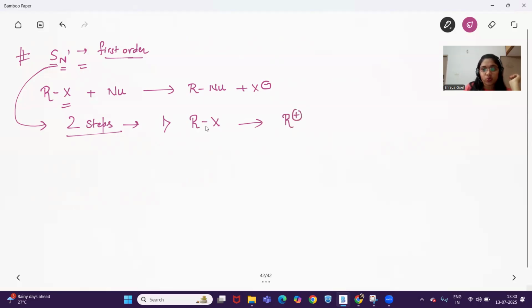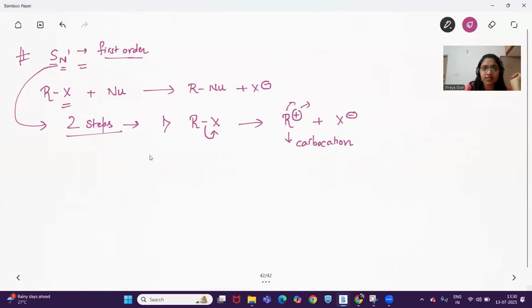X will take both electrons to itself and R positive will form, which is known as a carbocation. You know very well this species is known as a carbocation because it has a positive charge, and of course the R group has a carbon and the carbon has the positive charge here. So the first step is this.